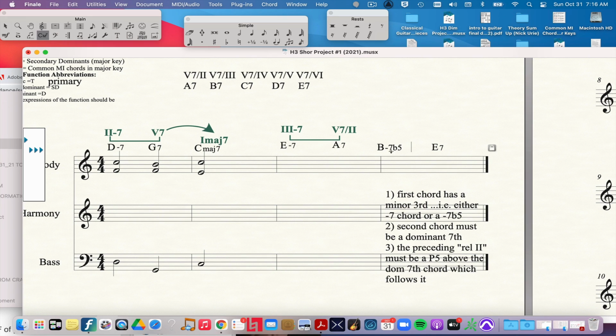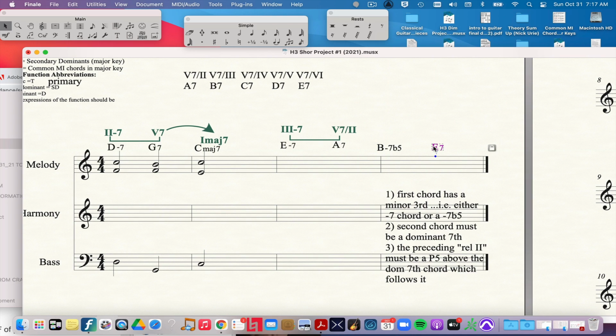So this would be an example of a 2-5 relationship where the first chord does fulfill this requirement, which is that it has a minor third, but it's not a minor 7 chord, it's a minor 7 flat 5. And this is the diatonic type of 2 chord in a minor key. So even though we're in C major, we are sort of temporarily hinting at A minor with this cadence.